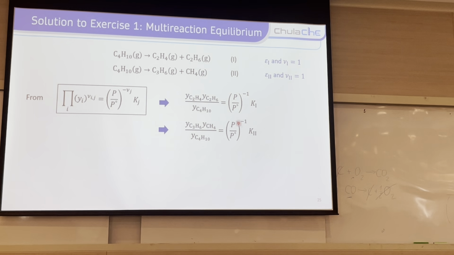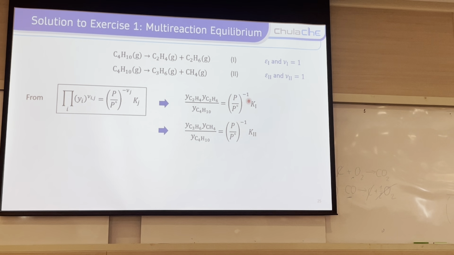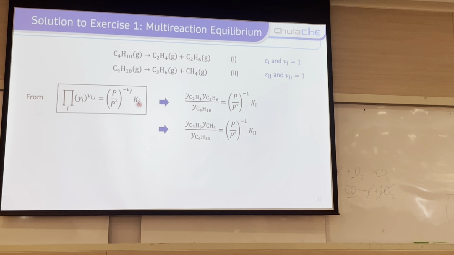I just clarify the mole fraction of each species in equation 1, which is the ethylene, ethane, and also the butane here. And this is the total stoichiometric number, 1 minus 1, so it becomes minus 1.